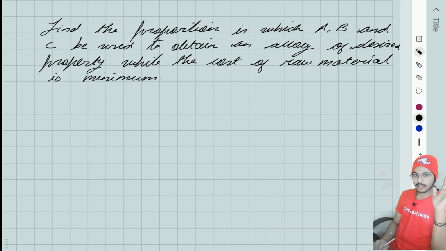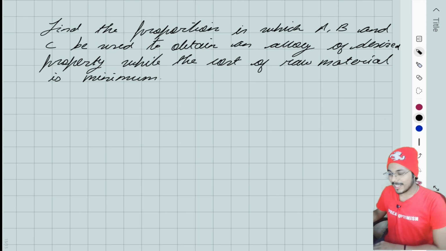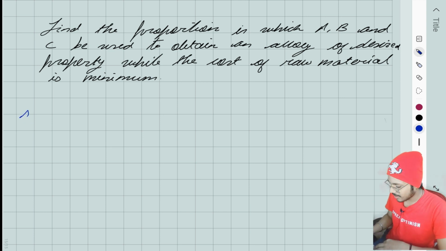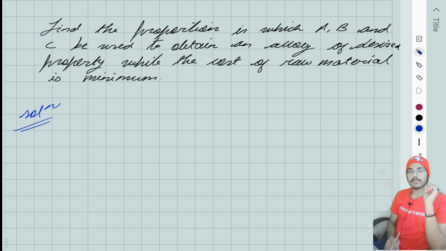So you have the products, take x1, x2, x3, A, B, C, Shahrukh Khan, Amitabh Bachchan, Hrithik Roshan, Allu Arjun, whatever you want to take. So let's dive into the solution. What we have to make? We have to make an alloy, and we have the constraints here. See what are the conditions for making an alloy.